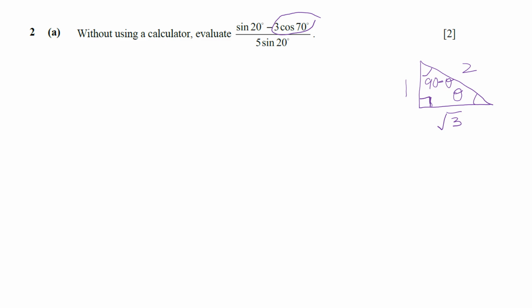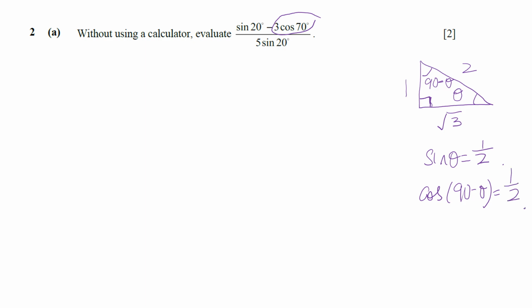So sine theta is equal to half, and cosine 90 minus theta, cosine is adjacent over hypotenuse, you also get half.